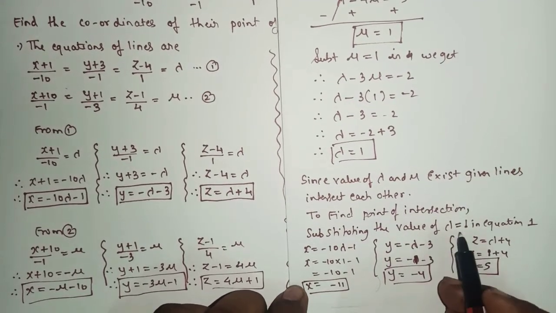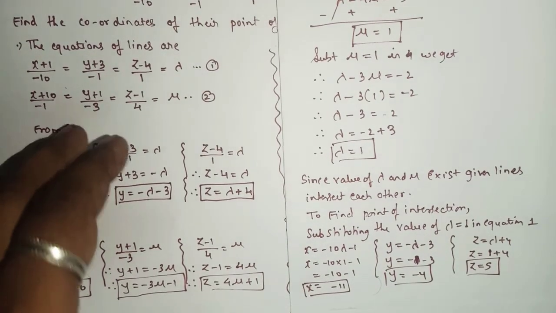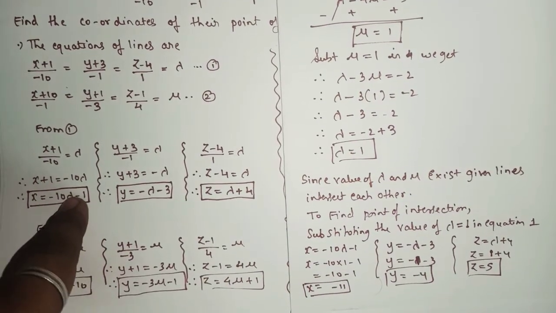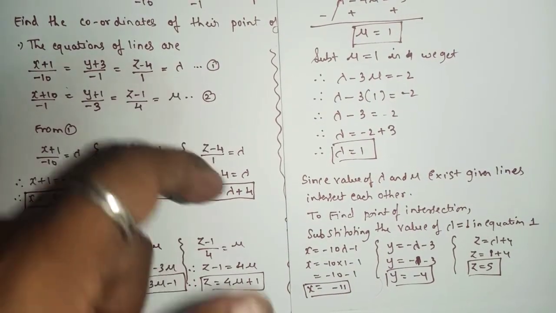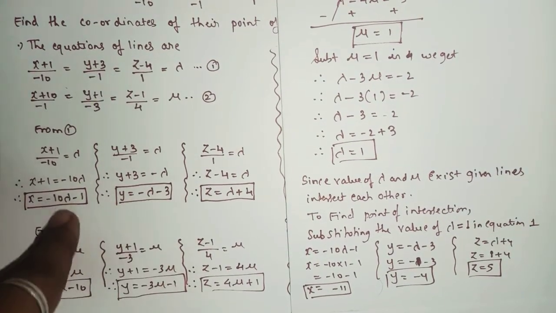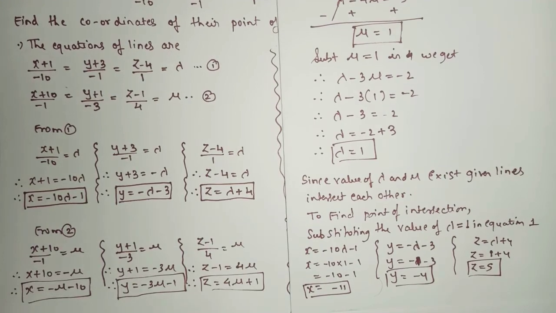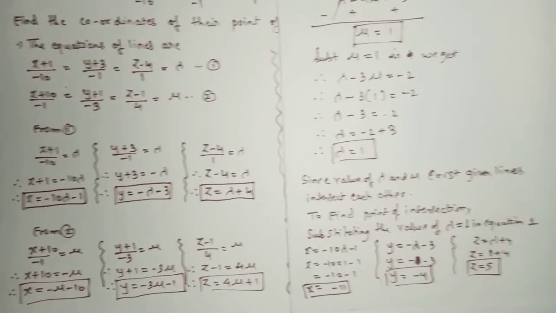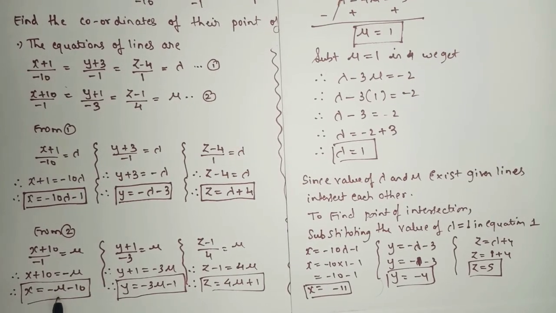After substituting the value of lambda in equation number 1, from the first equation we got x, y, z. So this we got from equation number 1 only. Yes or no? Since the lines are intersecting each other, when you substitute the value of mu also, which is 1, you must get the same answer as we got in equation number 1 after substituting the value of lambda.